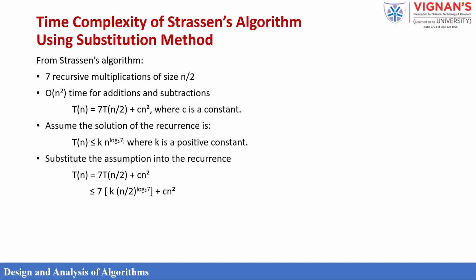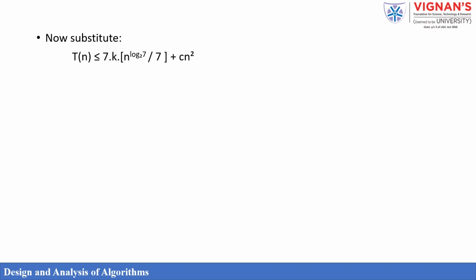Now we simplify the term with the exponent. N by 2 power log 7 base 2 can be written as n power log 7 base 2 by 2 power log 7 base 2. Since 2 power log 7 base 2 equals 7, this becomes n power log 7 base 2 divided by 7. Multiplying by 7 cancels the denominator, leaving k n power log 7 base 2 plus c n square.